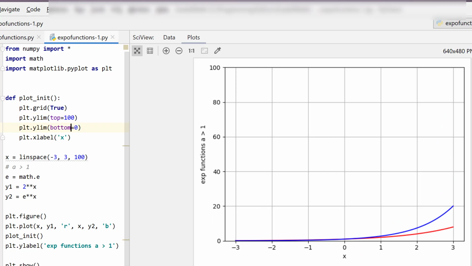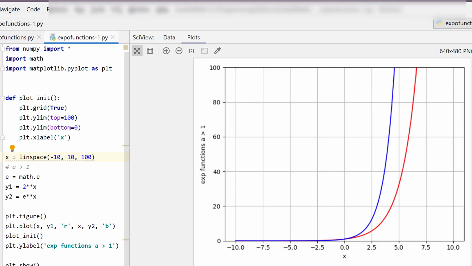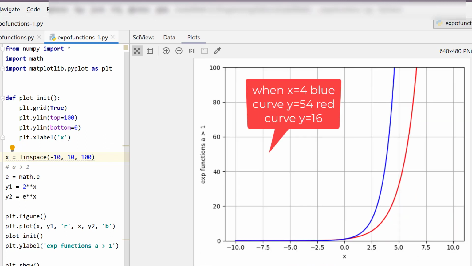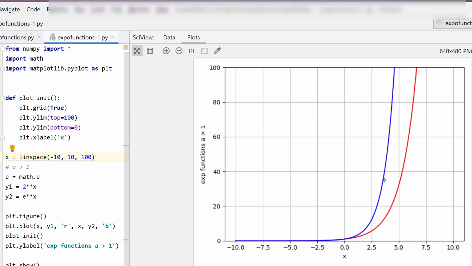We'll go from maybe minus 10 to plus 10 and rerun it. You see how the curve drastically changes for a small value of x, the blue curve really takes off when x is.